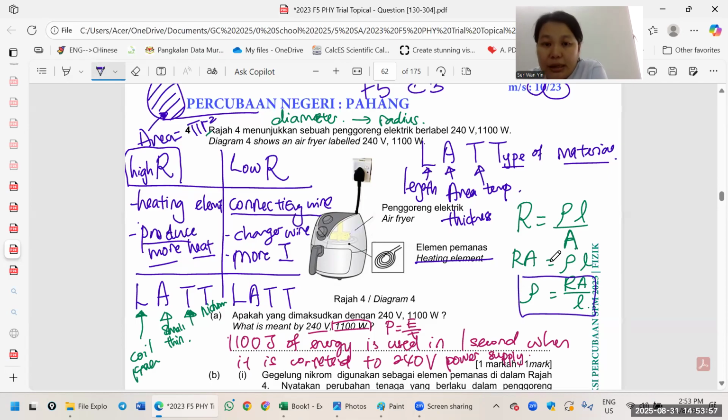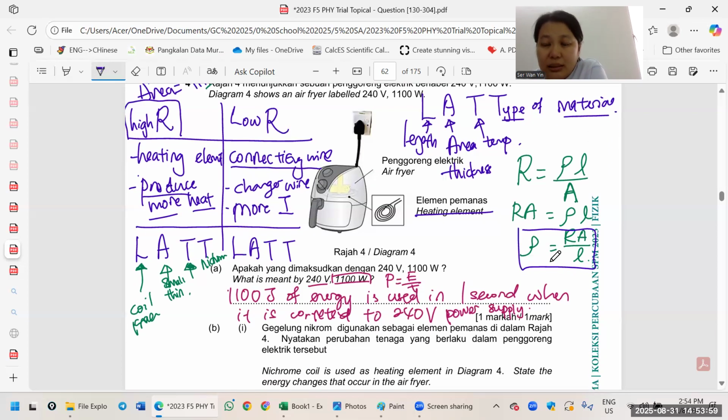Okay, then what is resistivity? R is ohm, A is meter squared over meter. So if we simplify, we will get ohm meter.